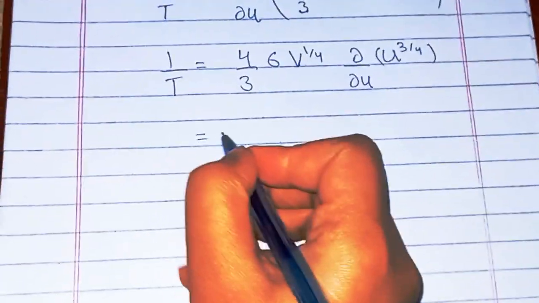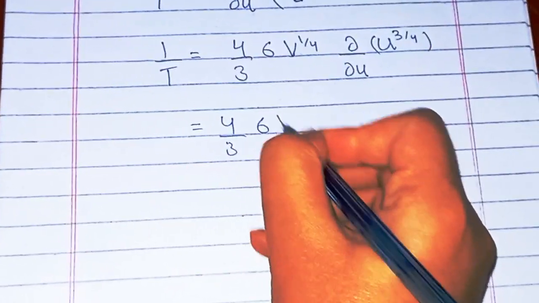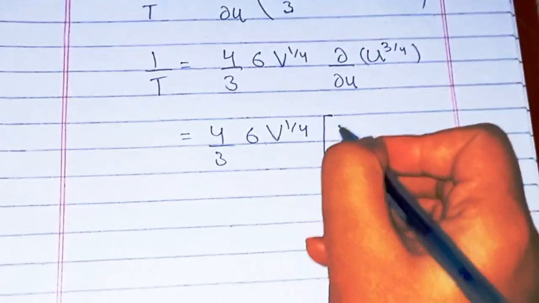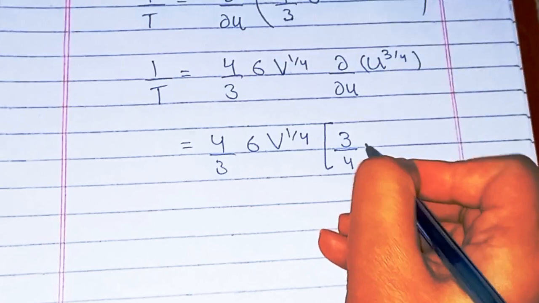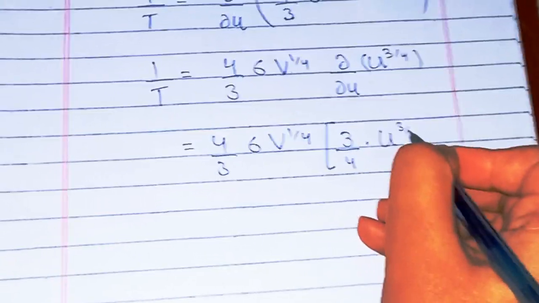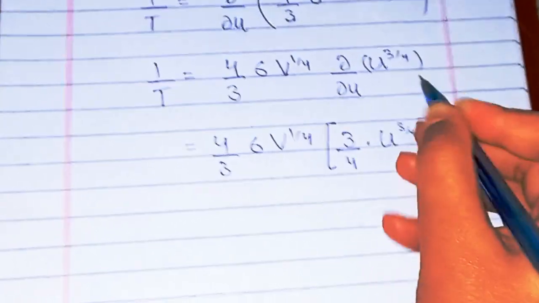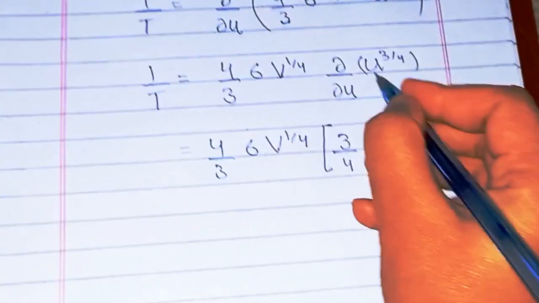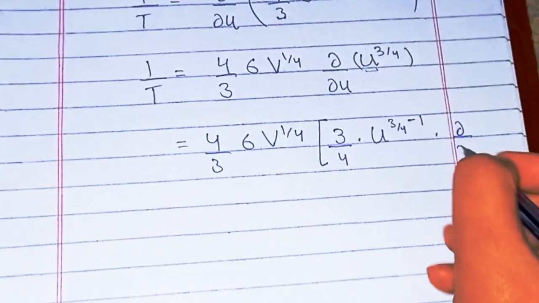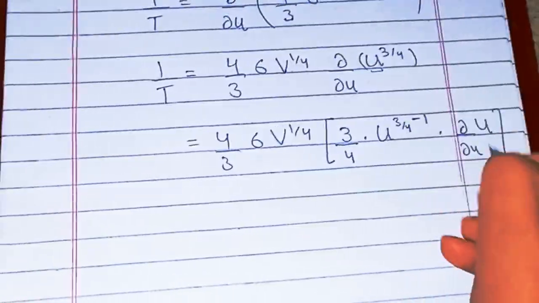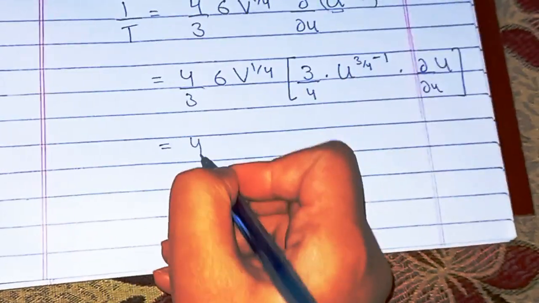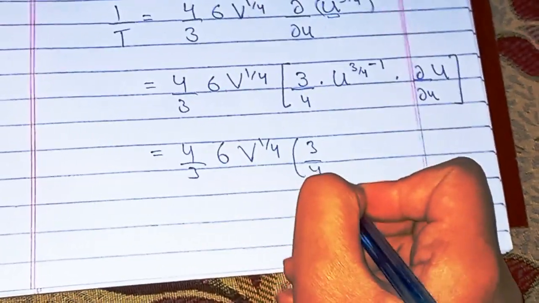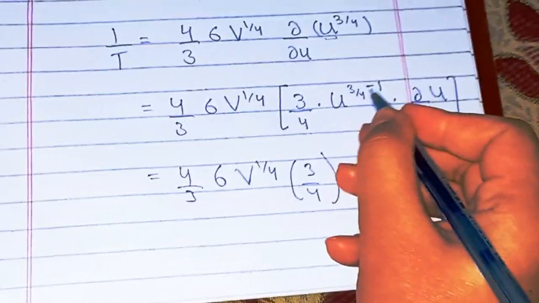Now let's find the differentiation here, applying the power rule, in which the power will come here as a coefficient and we reduce 1 unit of power, 3 by 4 minus 1, times the derivative of the base term upon which the power was residing, so the derivative of U. It's 4 by 3 sigma V to the power 1 by 4 and it's 3 by 4 U to the power 3 by 4 minus 1.